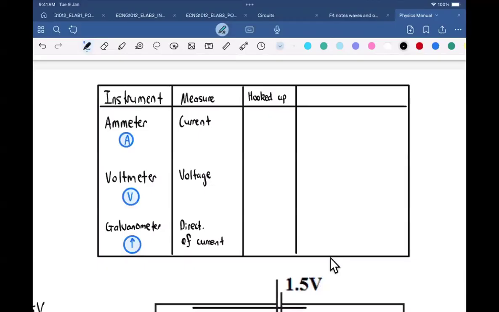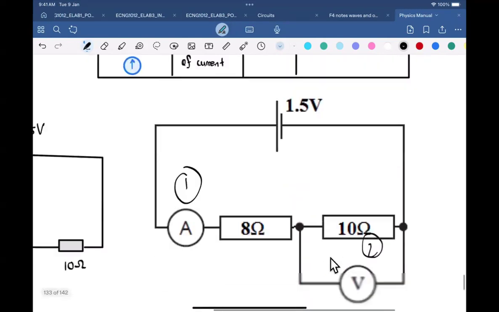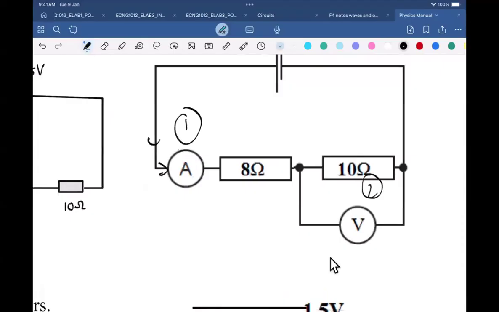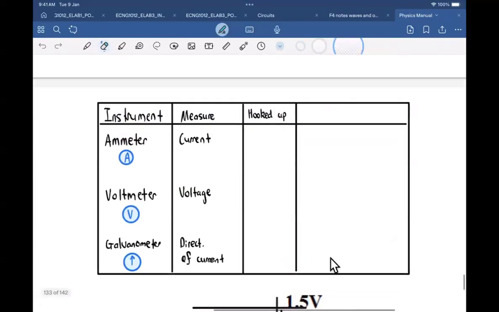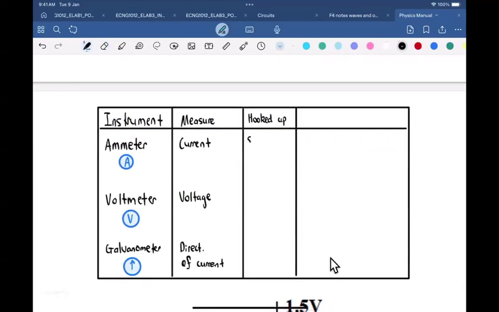Current is what? Flow. It flows. So since current is something that flows, you have to hook it up in series or parallel? Series, because when you hook it up in series, any current would pass through it. So it has to be hooked up in series.